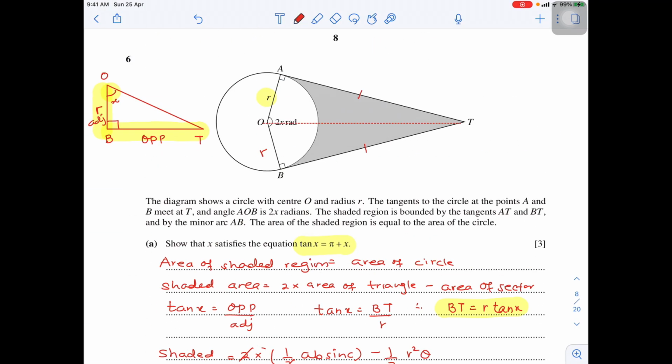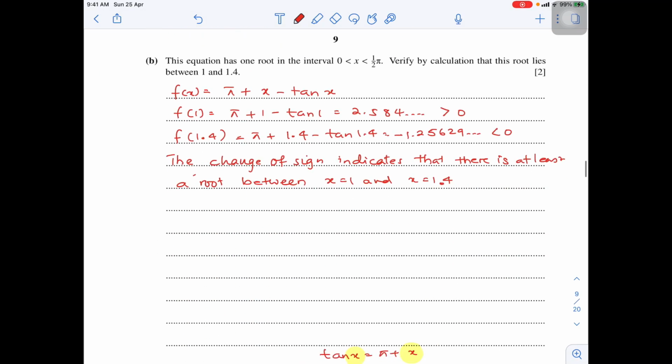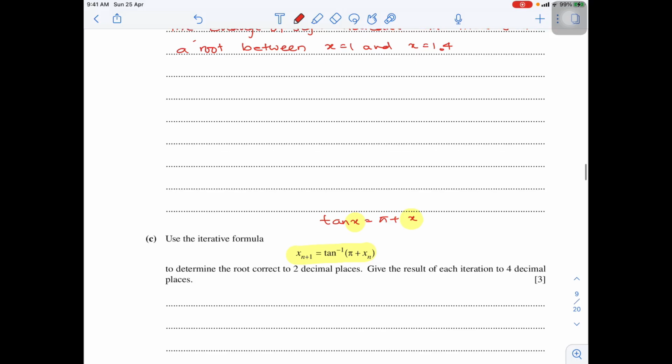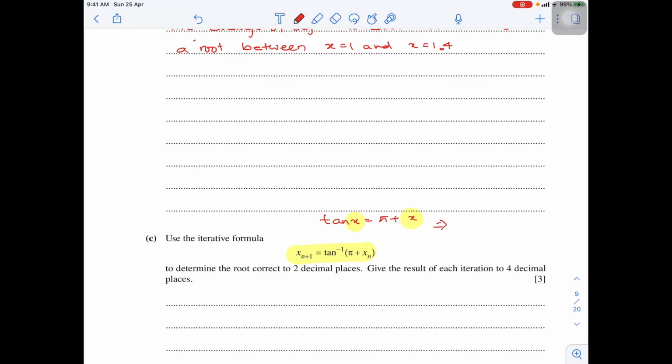Always remember, you have to keep x on its own. Here, because they have said show that, we have shown tan x on one side. So the iterative formula will be x(n+1), tan sent to the other side, tan inverse of pi plus x. You don't change anything there.